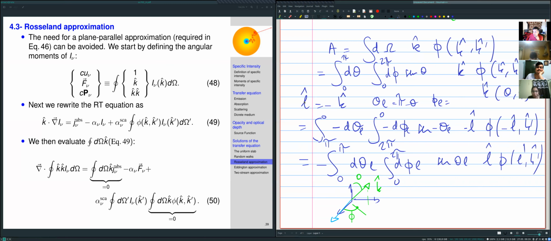I'm changing variables from L to k and treating k prime as fixed. So L is minus k. It's pointing in the opposite direction. So I think that it's okay that theta L would be pi minus theta. That one is okay, but phi, it's kind of hard to see from this perspective. I think that phi would be minus phi.